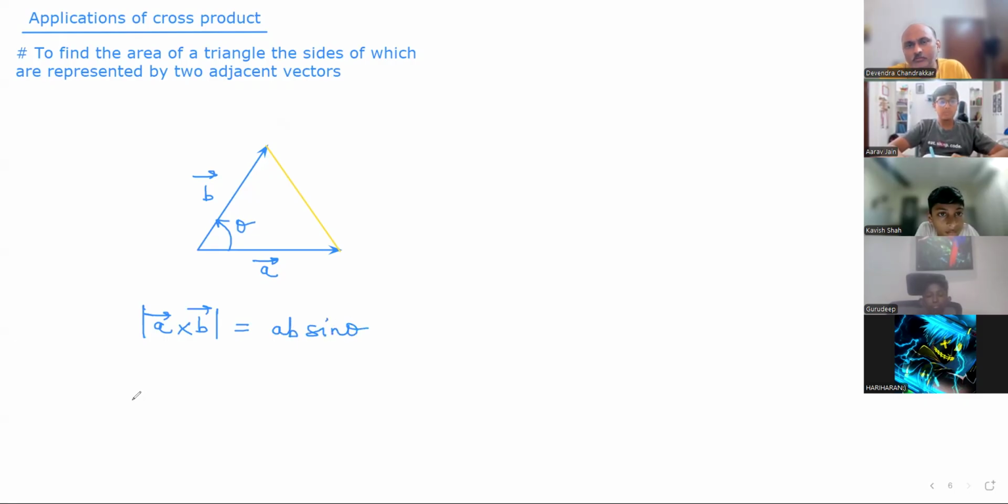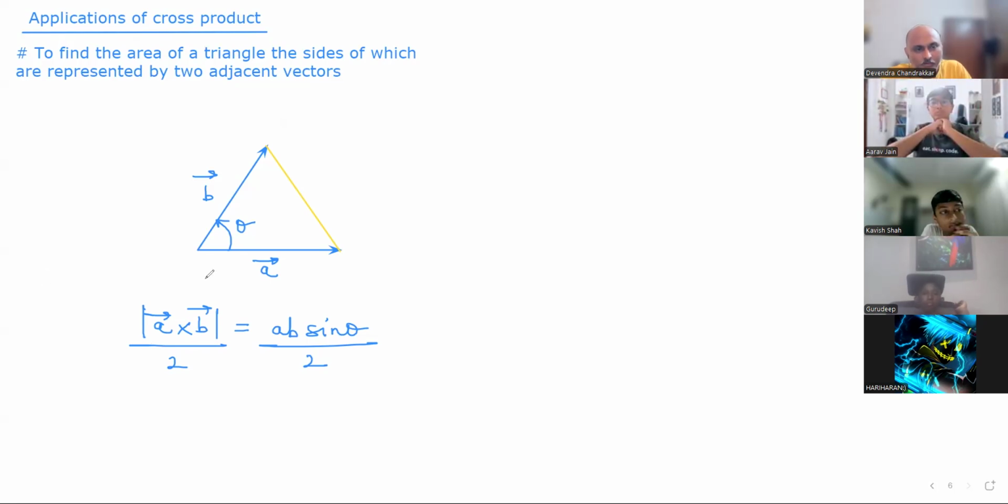Yes or no? Divided by 2. Arav, when I'm explaining, please don't write. I will give you time to write, so don't worry. So this is AB sine theta upon 2.